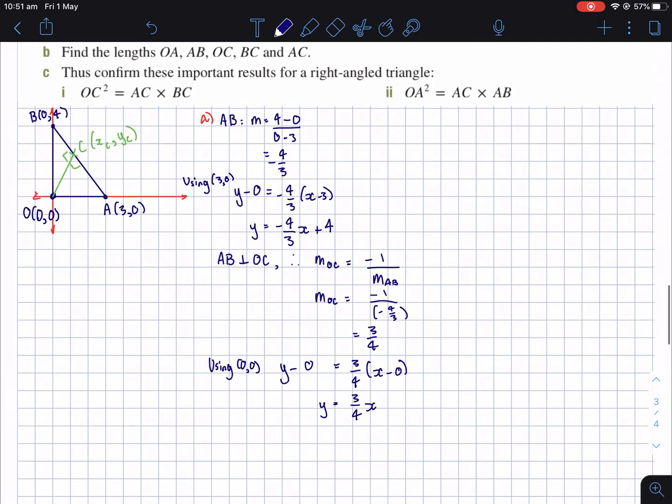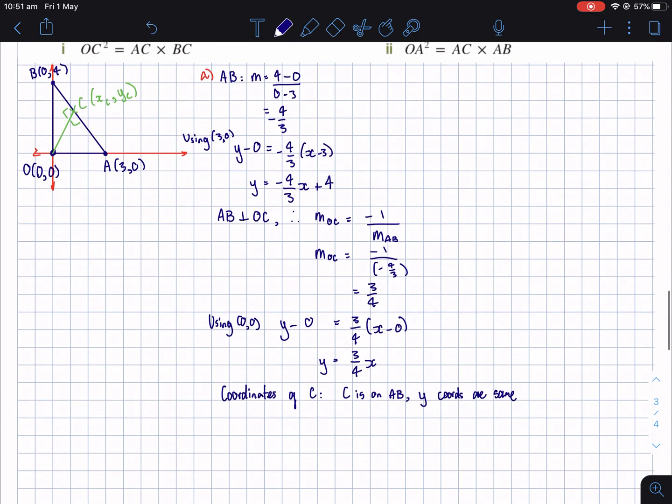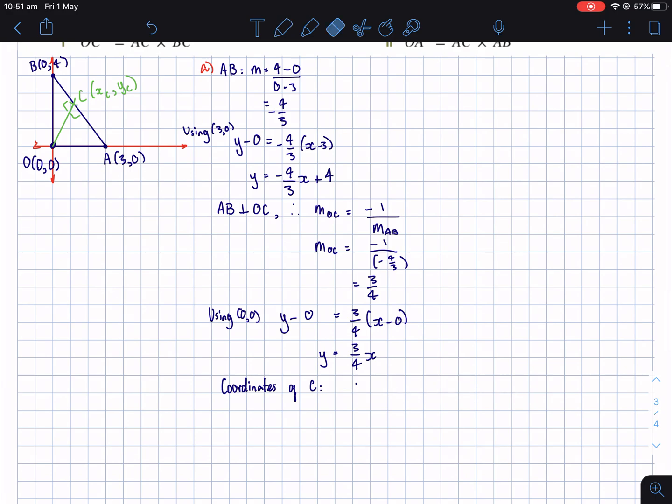So the coordinates of C. Well, I know C is on AB, so it's where OC hits AB.